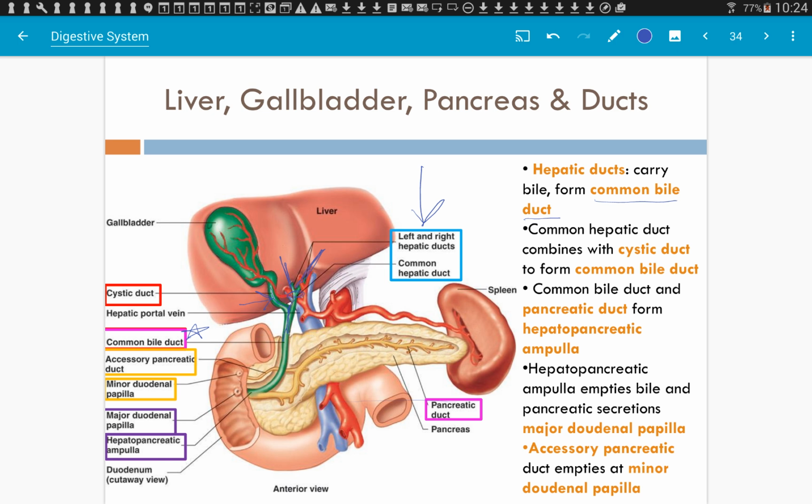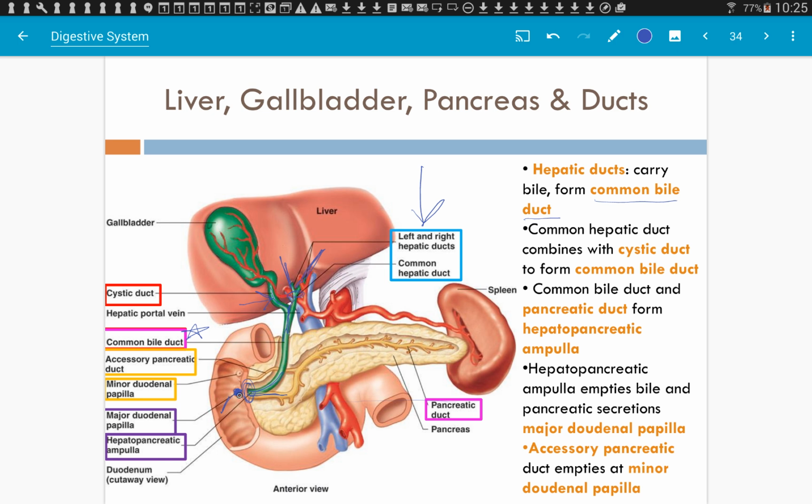So what is interesting here is the common bile duct joins up with the pancreatic duct that's carrying digestive enzymes from the pancreas and dumping it into the small intestine. And so right here we have this joint area, it's called the hepatopancreatic ampulla, where the bile and the pancreatic juices are joining together and then empty out into the small intestine right here, okay?